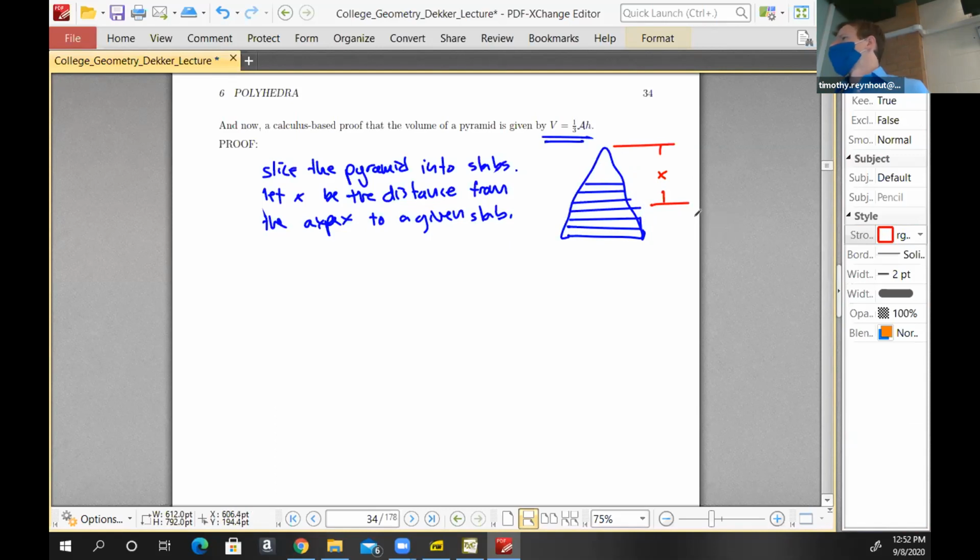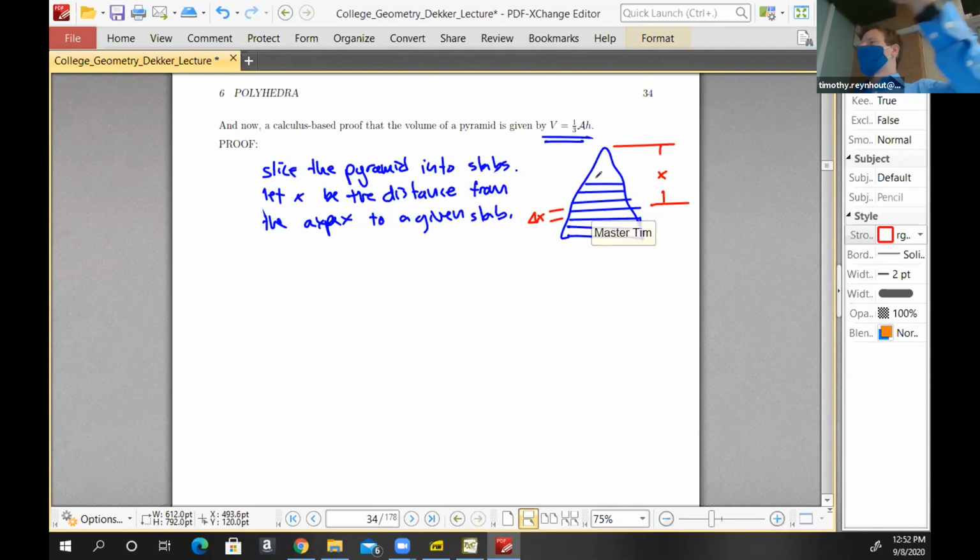Also, we would have this distance here, which we can think of not as star x. That's not what I want. Delta x. So the thickness of the slab is delta x.